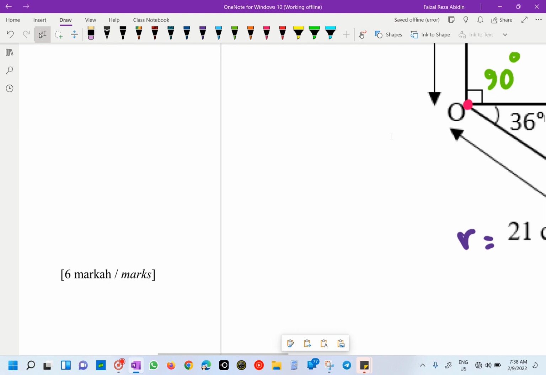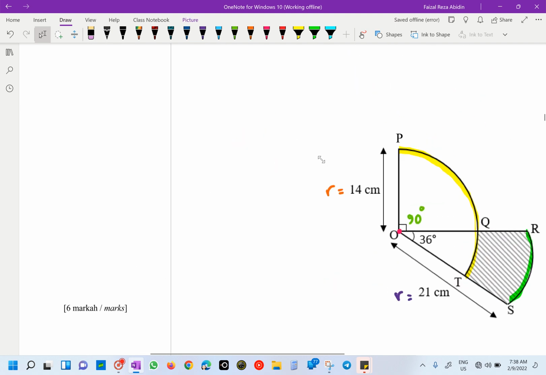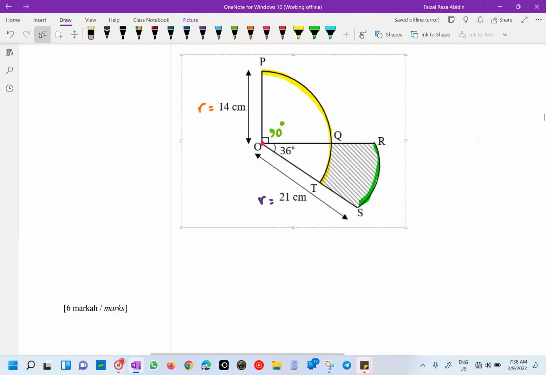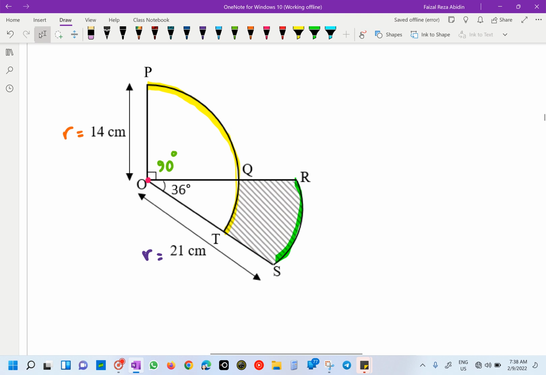The first question asks to find the perimeter. Before I find the perimeter, I have to identify first which one is going to be our perimeter that we have to find here, girls.